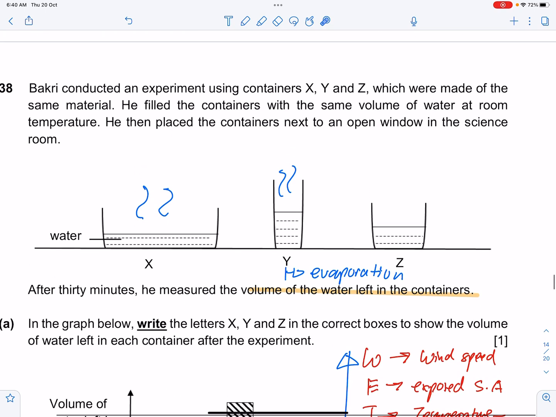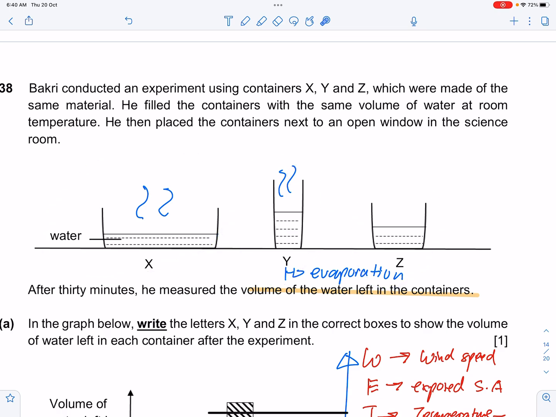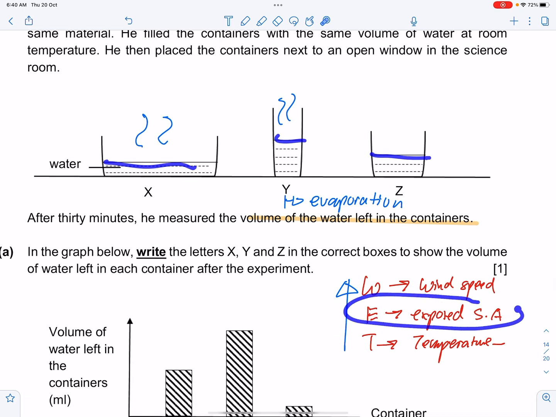So the change variable in this case, when you take a look at all these three, is actually exposed surface area, right? Based on this, I know that the higher my exposed surface area, the faster the rate of evaporation.